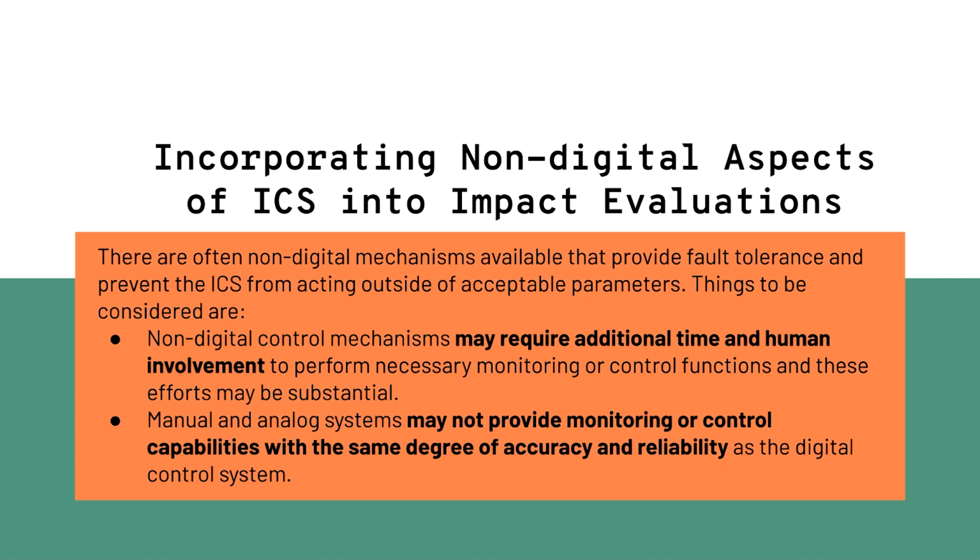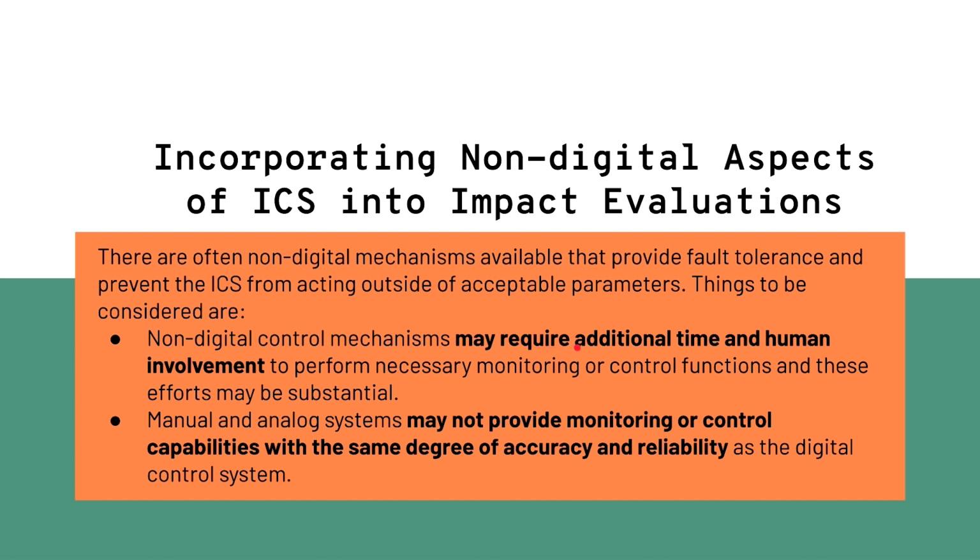Another thing that's very important to understand during risk assessment is the non-digital aspects. Whenever we talk about physical processes, we do have non-digital control mechanisms such as analog controls, analog sensors, alarms, or other things that are not purely digital. And whenever we talk about non-digital controls, there are other considerations.